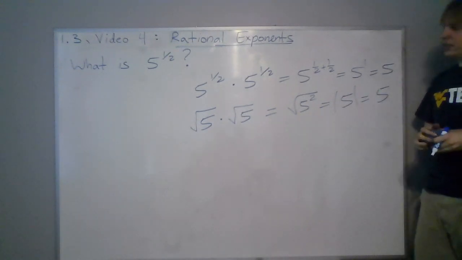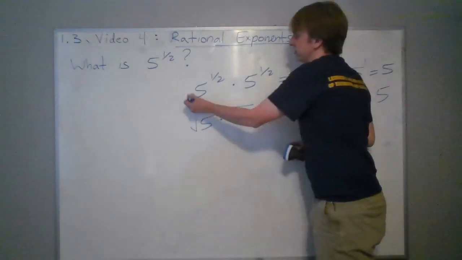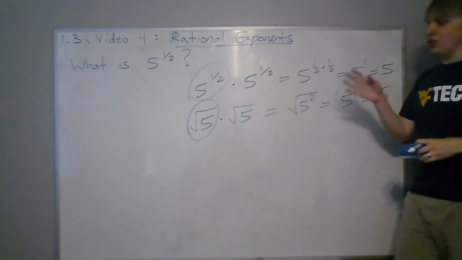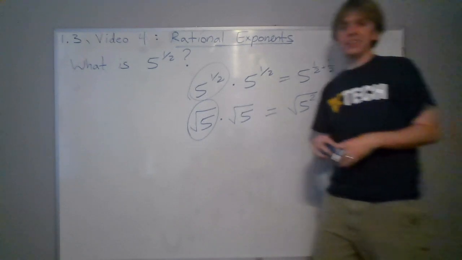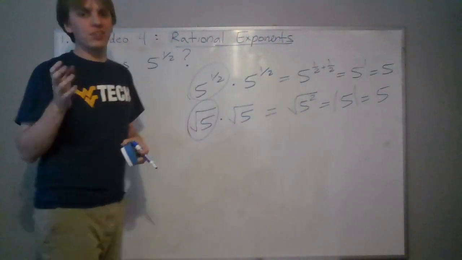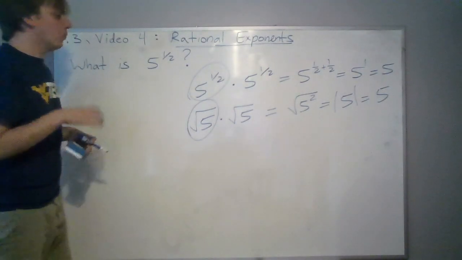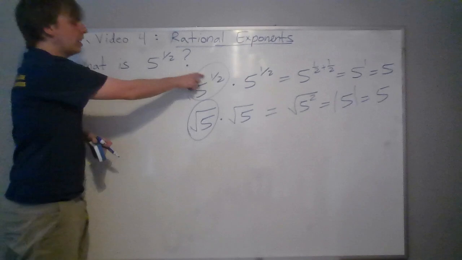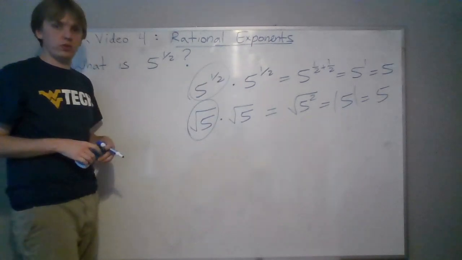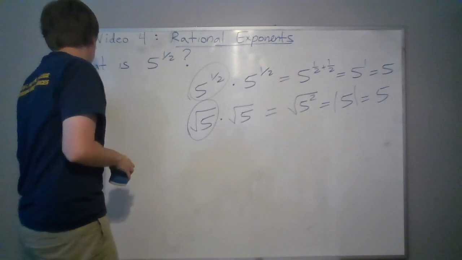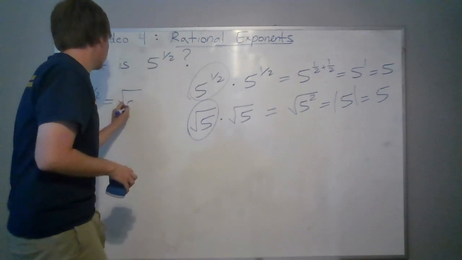And so the idea here is that this number and this number look like they're doing exactly the same thing. If it looks like a duck and it smells like a duck, probably is a duck. So what's going to be our rule is that a 1/2 power is going to be the same as a square root. So any number to the 1/2 power is the same as the square root of that number.